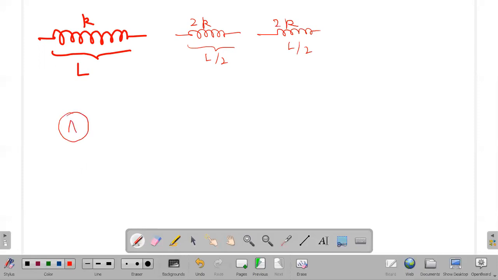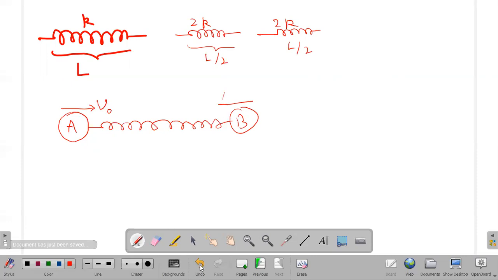Block A was connected to block B through a spring, and after collision these two blocks are moving with velocities v naught in opposite directions. They are moving with the same speed, opposite velocities, and the center of mass of this system comes to rest. Therefore you can think of this problem as a combination of two springs.